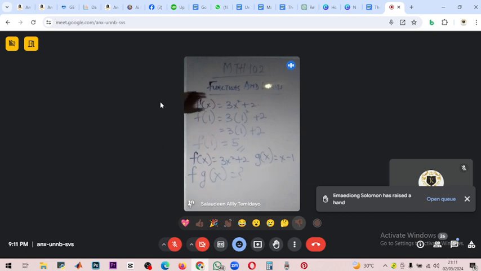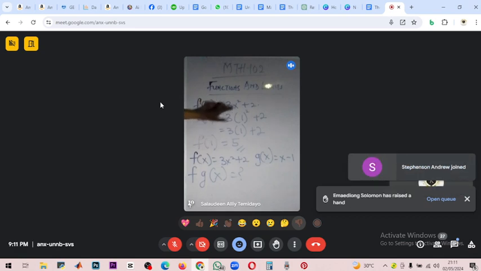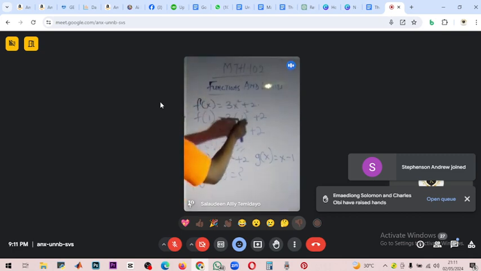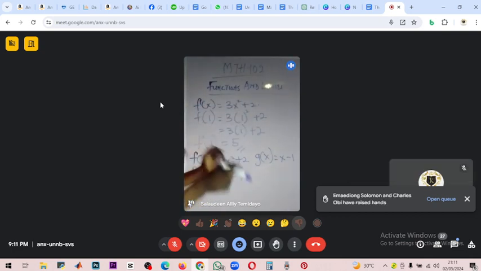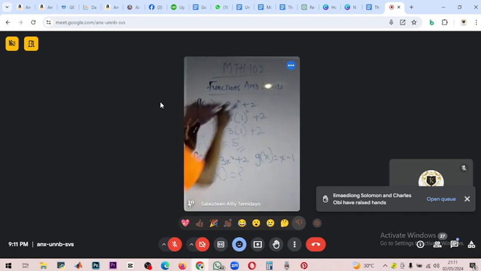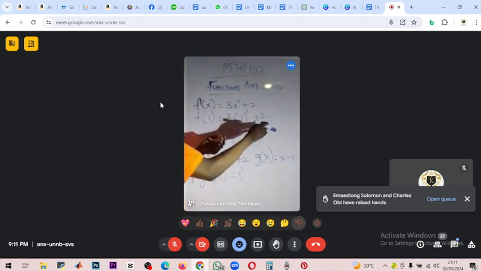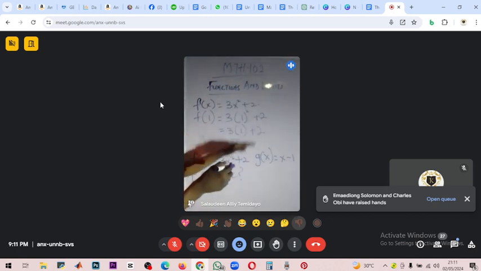I said f of x is 3x squared plus 2. So f of 1 should be 3 times 1 squared plus 2, right? I'm evaluating, taking 1 to represent x, because I'm saying f of 1. So that's giving me this.